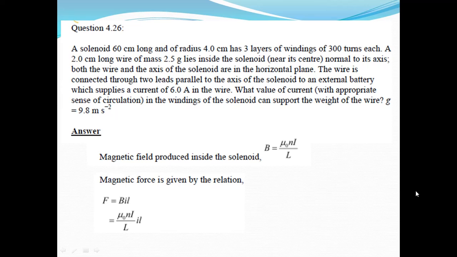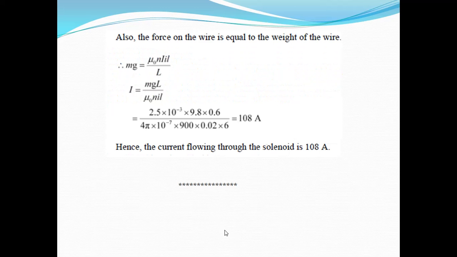So let us see the formula for magnetic field. B equal to mu naught N i by L. And magnetic force is given by F equal to B I L. So we get F equal to mu naught N i by L into I into L. Now the force on the wire, that is the magnetic force created, should be equal to the weight of the wire.